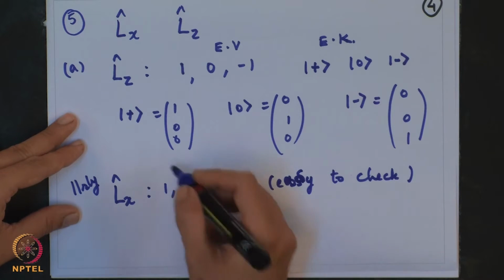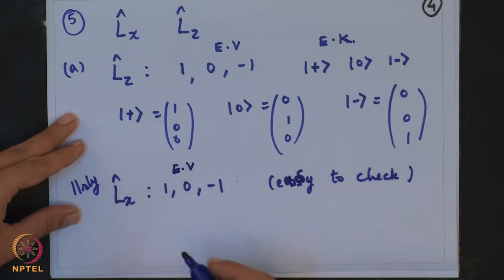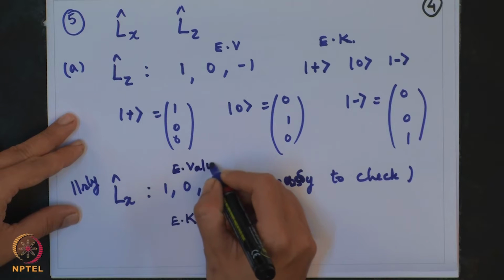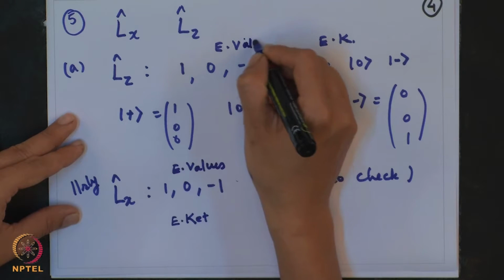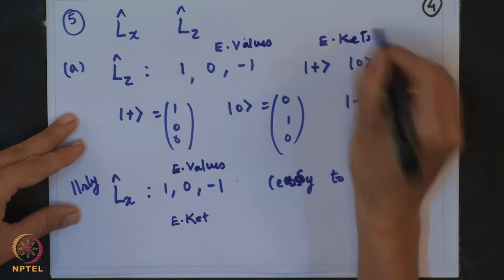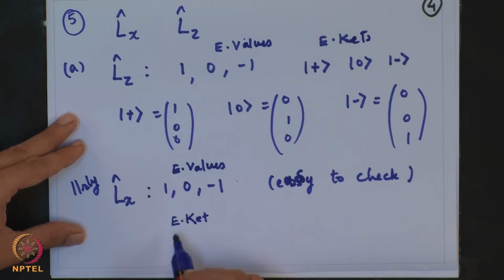Let me call these the eigenvalues and the eigenvectors, or the eigenkets, so that there is no confusion.